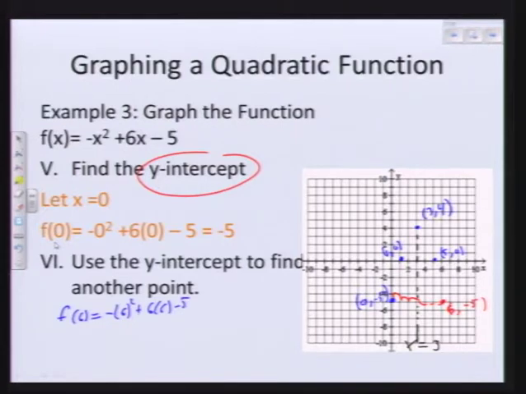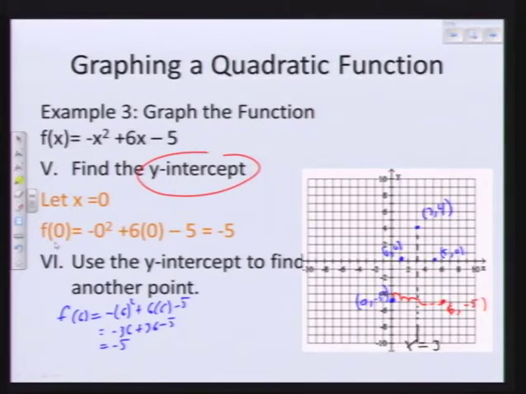All right, and so this gives us -36 plus 36 minus 5. Well, -36 plus 36 cancel each other out and give us 0. So we in fact see that the value of the function when x is equal to 6 is -5. So aha, we found that point, and we found that point fairly quickly and easily.